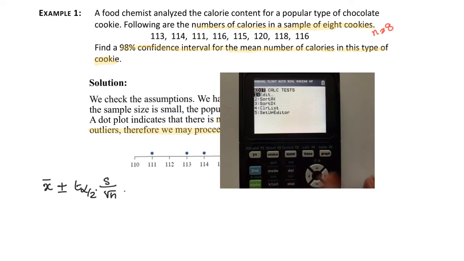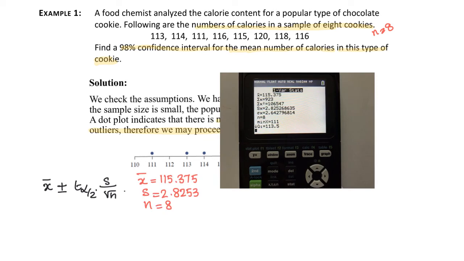Then press stat, calc, and 1-Var Stats. We are using list 1, so calculate. So now I find the mean, that is 115.375, and the standard deviation 2.8253. So I'm going to write down these values.